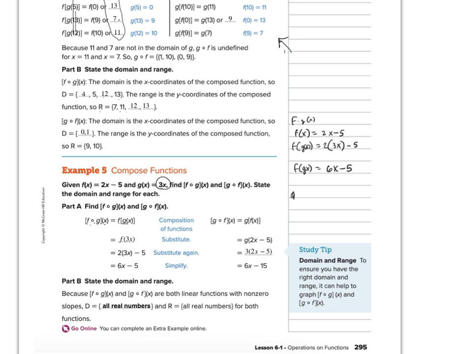Now, g of f of x is going to be equal to, let's see here, we have g of x, which is 3x.